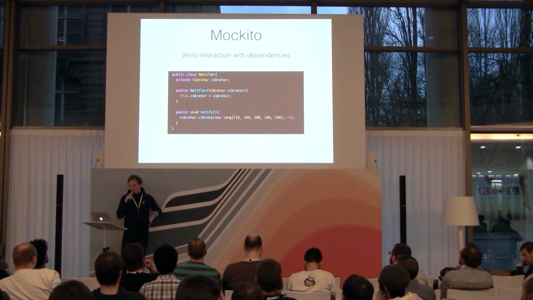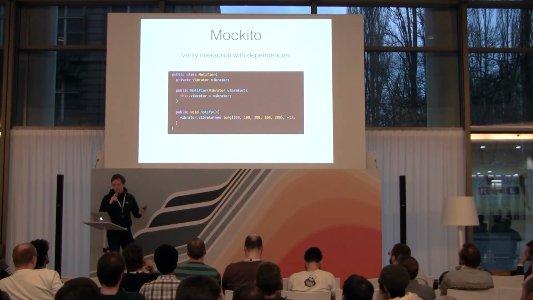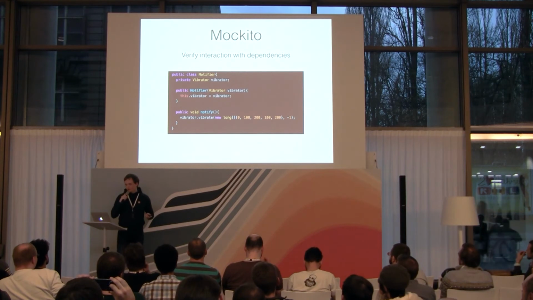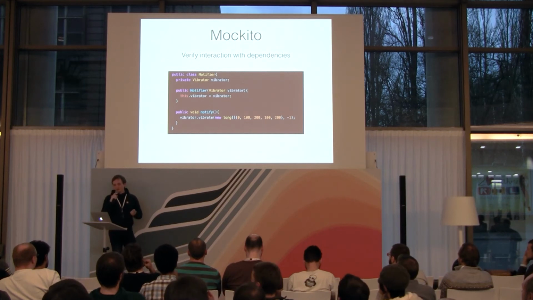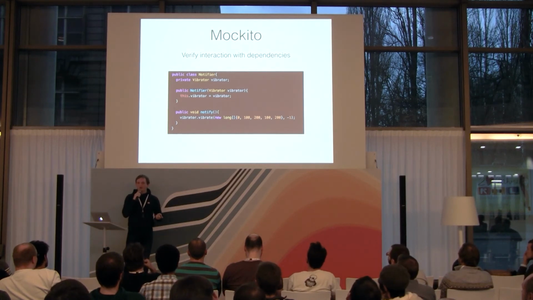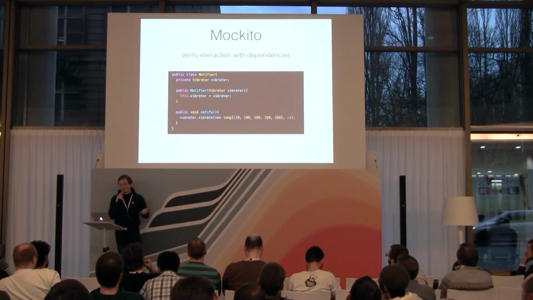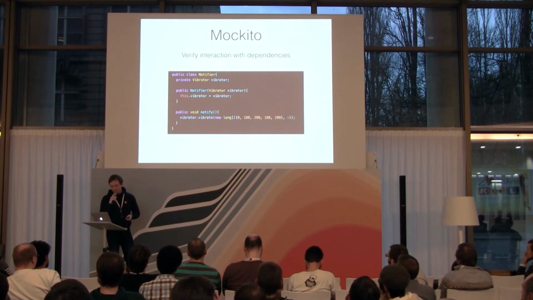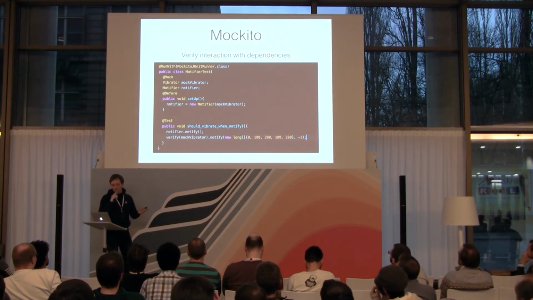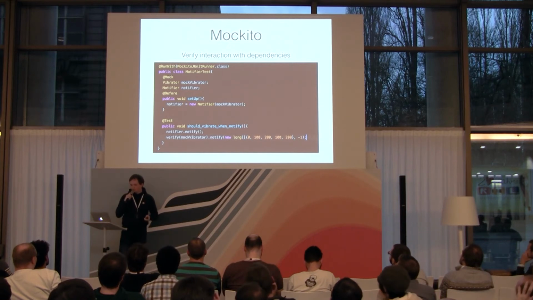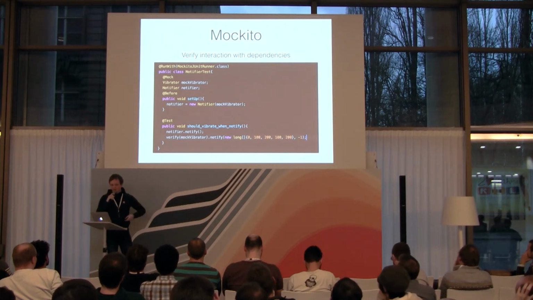And verifications, as you can see in this example, so we have this class Notifier, right? And it has a dependency on Vibrator, and it's from the Android framework. And you will say, okay, how do I possibly test this stuff in my unit tests? How do I verify that actually my application vibrates for notification? Yeah, well, you can use Mockito. Just like that. So you say that you mock Vibrator, and when you create your Notifier class, you just supply an instance of Vibrator to your Notifier.